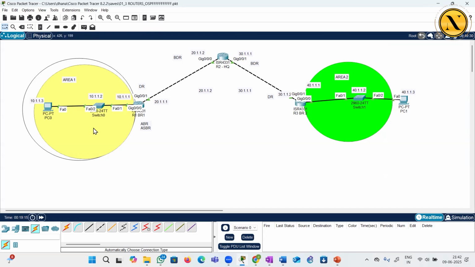This router will send 10 network information to this one. This router will send 10 and 20 network information to this one. This router will send 40 network information to this one. This one will send 30 and 40 network information to this one. Then everybody will have all four entries, 10, 20, 30, 40. Then end to end, they will ping. You can try this also. But either static and default, or remove them and put only RIP on all of them.